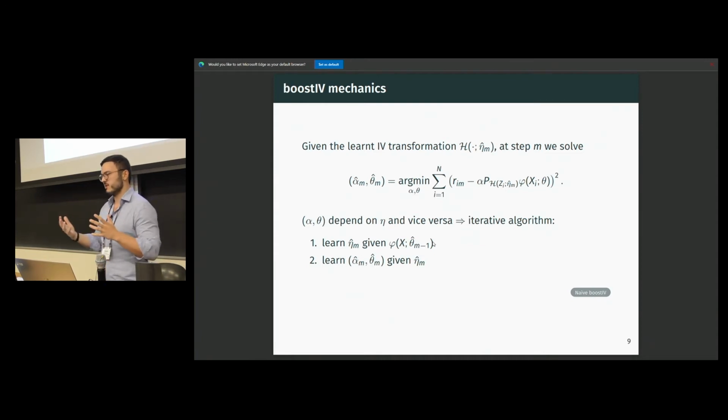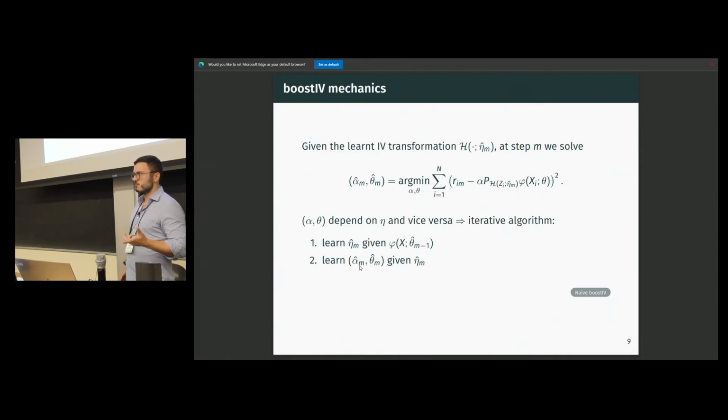So we have this dependence between two sets of parameters, alpha and theta, and eta. We can use the basis function from step m-1 to learn the IV transformation. Then, given the IV transformation parameters, we learn new parameters for the basis function. So that's how it's going to work. And all looks good except for one tiny detail.